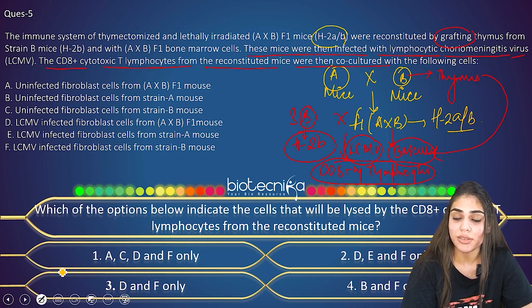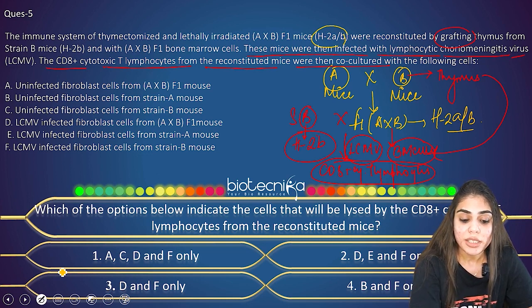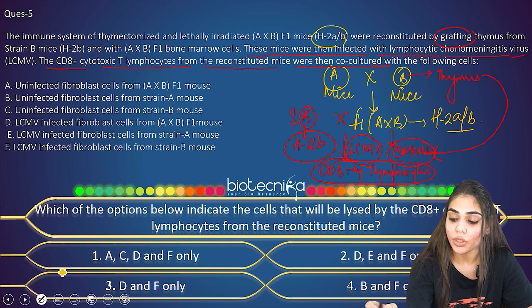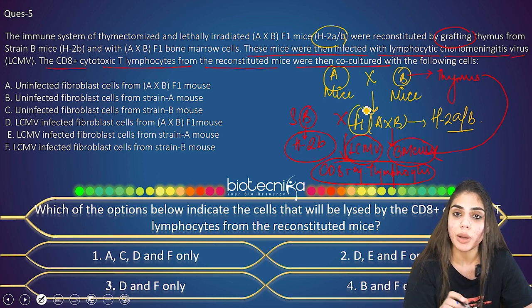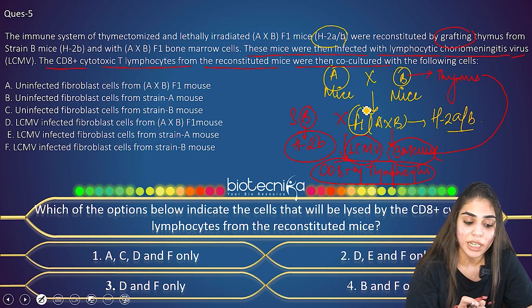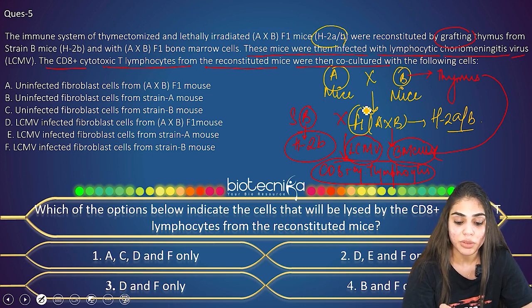Now let's understand the question and see the statements that they have given. Uninfected fibroblast cell from A × B F1 mouse. So from the F1 mouse, they have isolated uninfected fibroblast cell. Then uninfected fibroblast cell from strain B mouse.